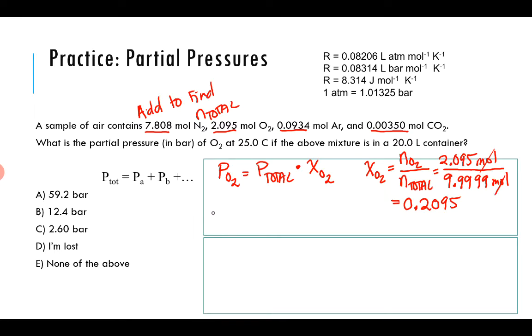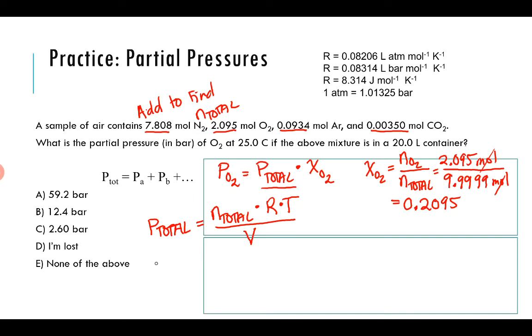Next up, we have to find P total because we don't know P total yet. So P total will be equal to my moles of total times my R times my temperature, and then divide that by V. That's the same type of using the ideal gas law to solve for pressure that we used just before.